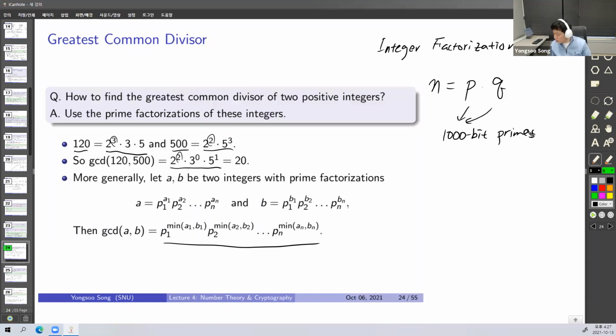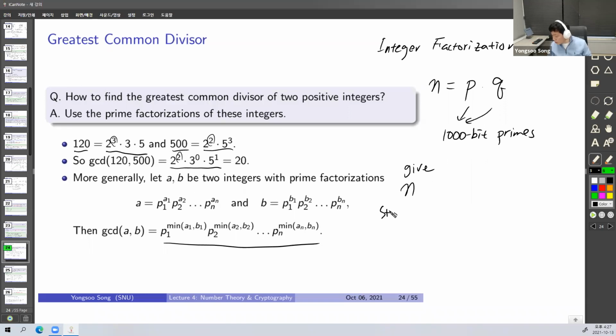So you now have this integer, and you give this n to your friend and ask him or her to find the prime factorization of n. If I have only n, then what I can do is, for example, try to divide this n by all primes less than the square root of n. That is called the trial division method.